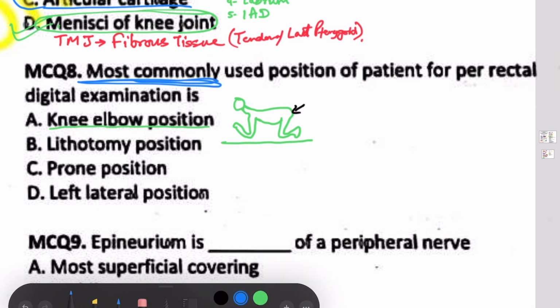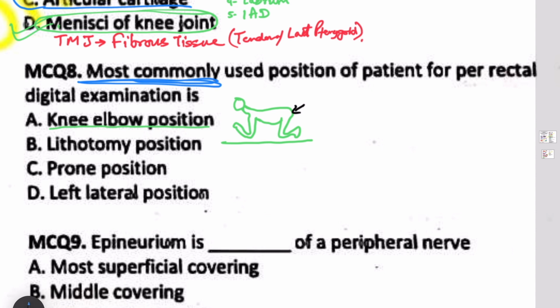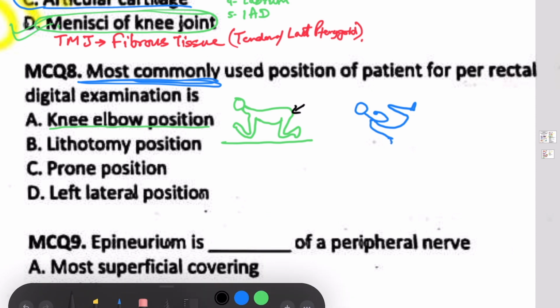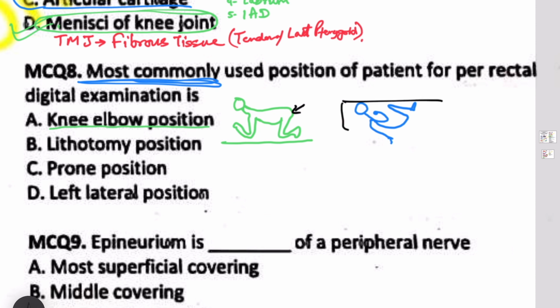The common position will be with the subject lying down on the bed here, and you ask him to fold his legs first of all in the left lateral position. Can you imagine what I'm drawing? It is a couch, right?